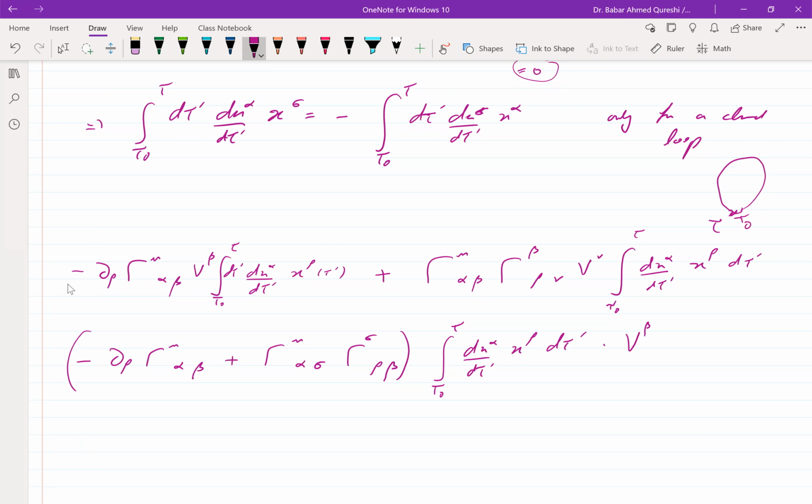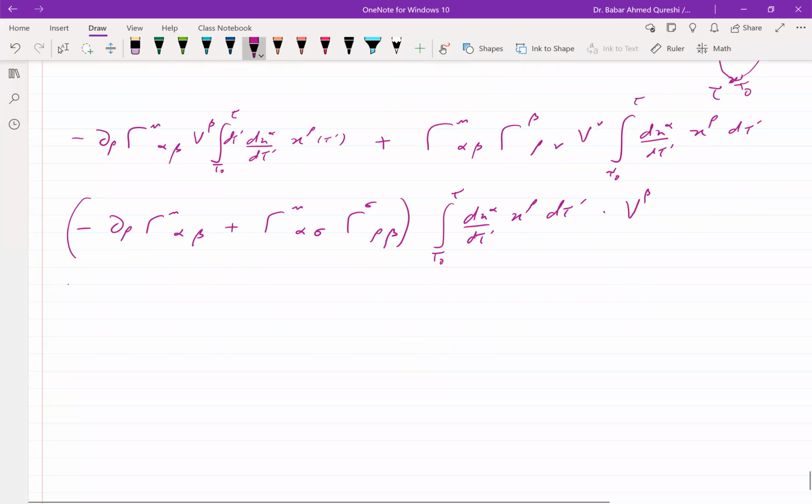Now, I know that this guy is antisymmetric in alpha and rho.